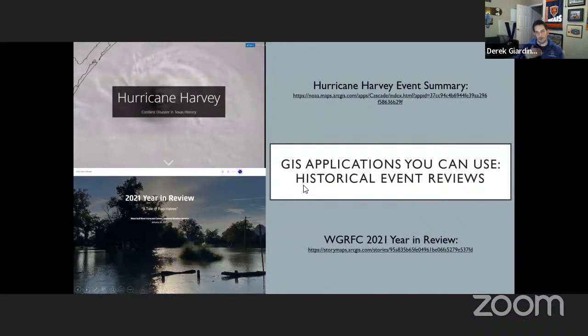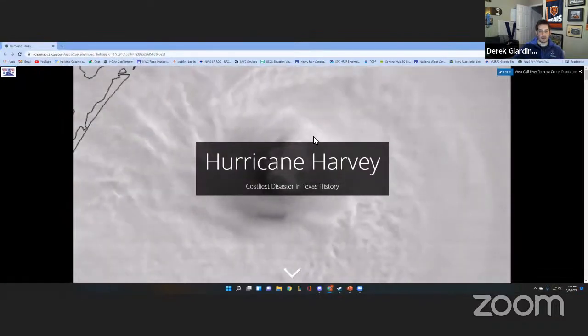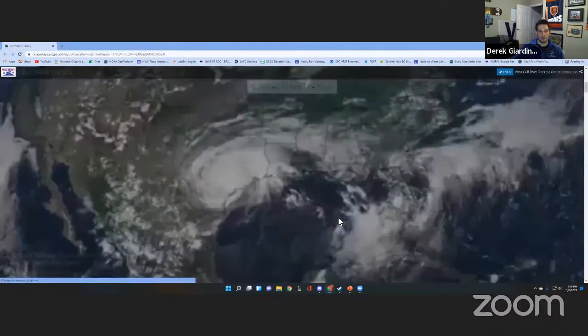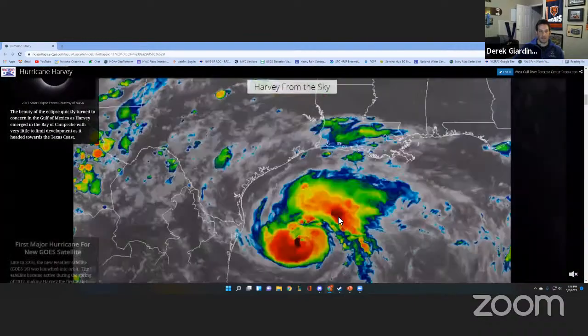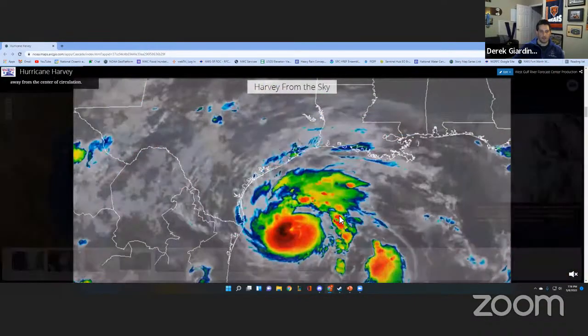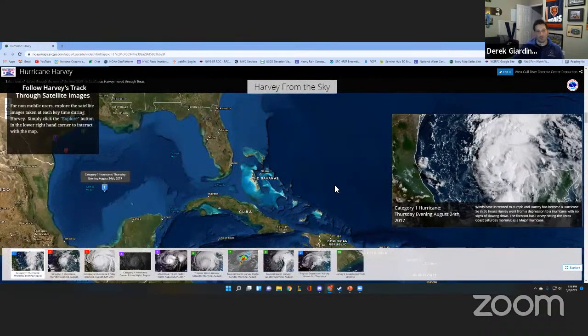And then one of the things we've been using it for recently is event summaries. The office there in Fort Worth uses it for event summaries, and so do we. Stuff like Hurricane Harvey. This is something you can just throw on your website and keep there as a living archive of what happened during Hurricane Harvey. You get several events in and you want to remember, well, geez, what went on back there?